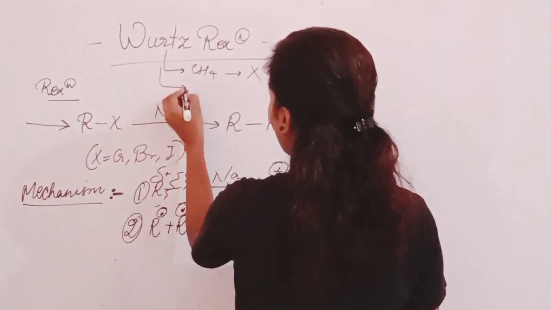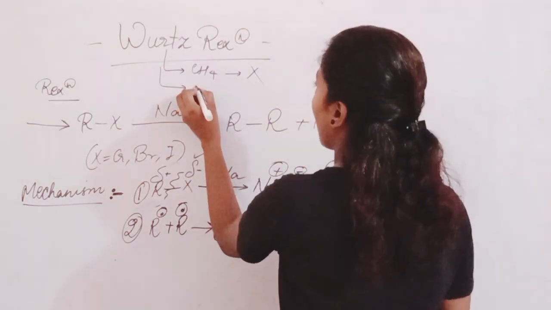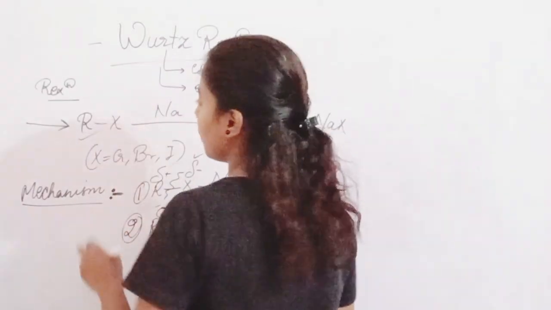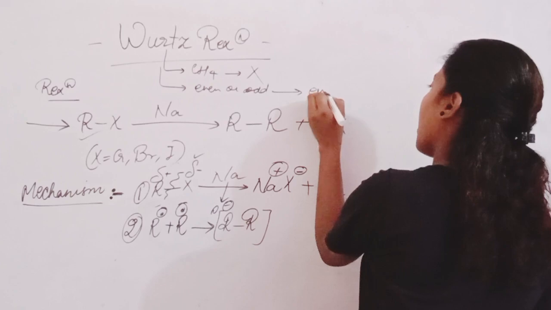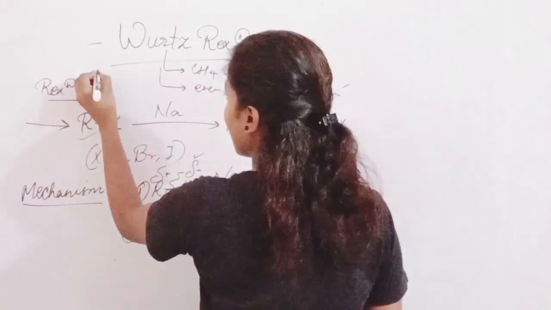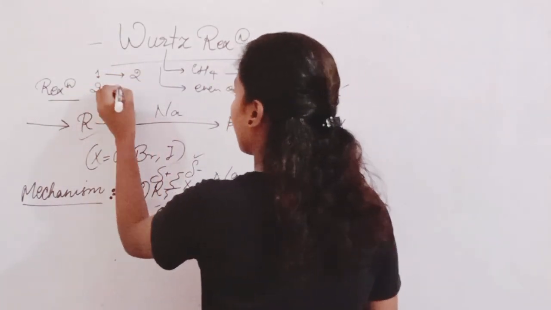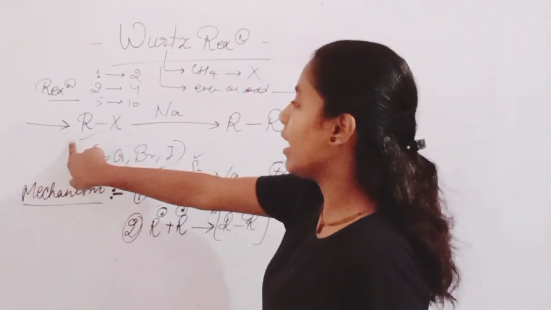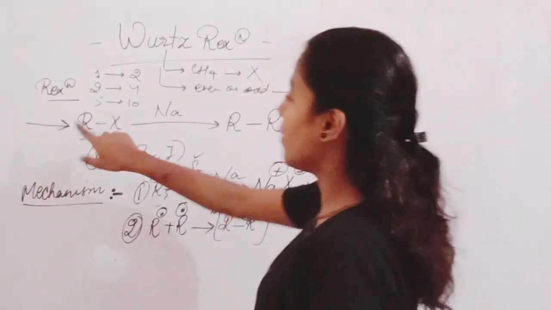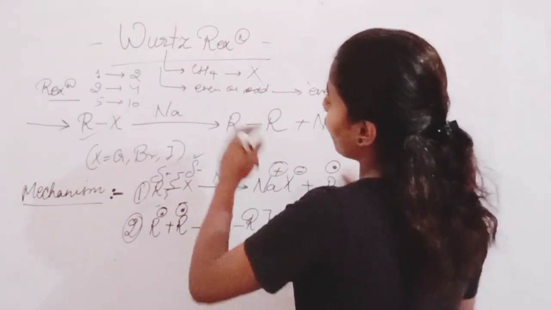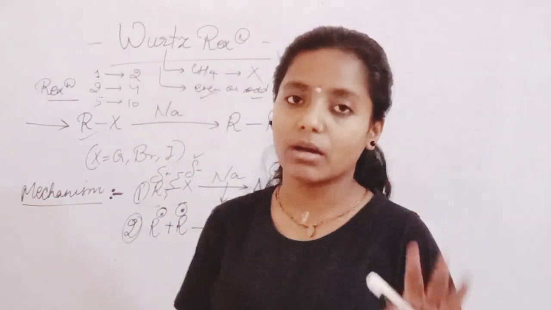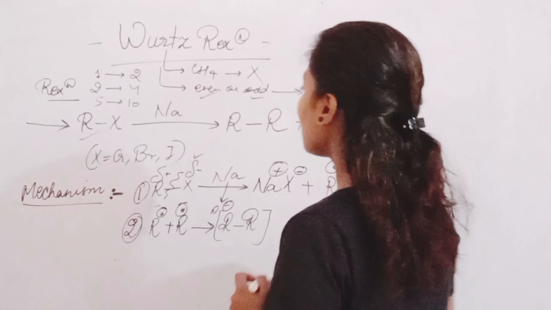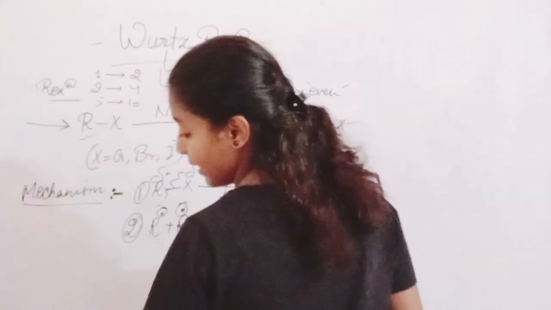And also important here is that whether you take an even or odd number of carbons in the alkyl group, the result will come as even. Like if you take 1, you get 2; with 2 you get 4; with 5 you get 10. Things are doubling: R gives double R, 2 times double R gives 4 times double R. So whether you take even or odd doesn't matter. What matters is that your result comes out even. Clear? I hope the Wurtz reaction is completely clear to you.